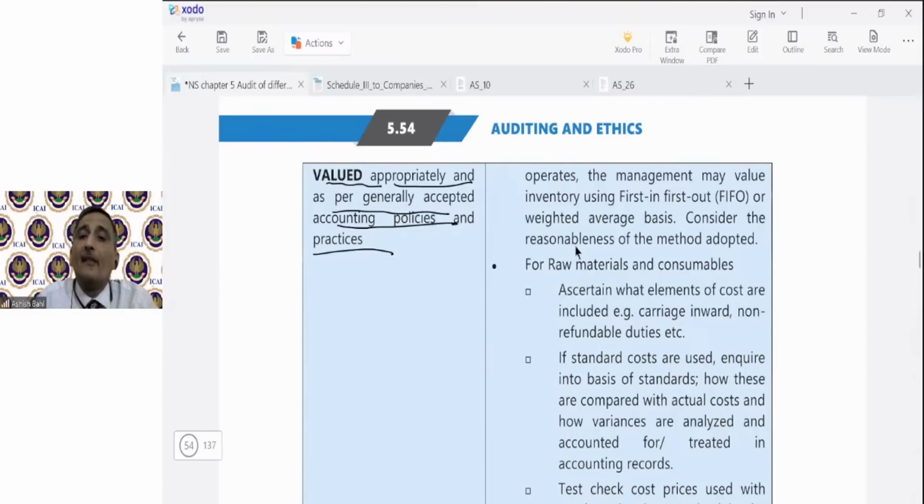When the auditor is verifying raw material and consumables, he makes sure that raw material cost includes not only basic purchase cost, it also includes freight cost, the cost of bringing the raw material from the seller to the place of the company.